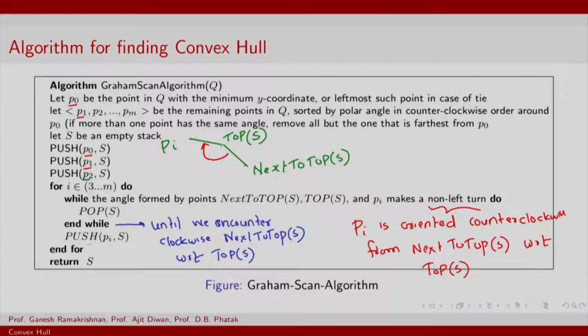At this point we basically insert Pi in S and we continue. The complexity of this algorithm is the complexity of sorting, and that turns out to be n log n.